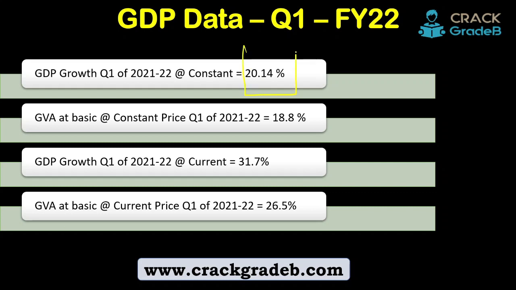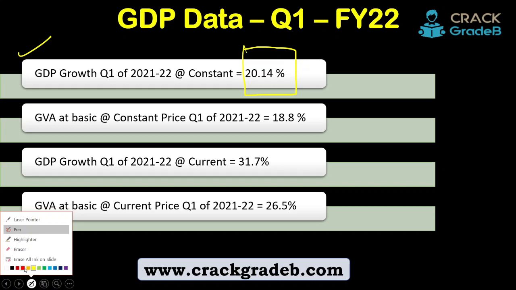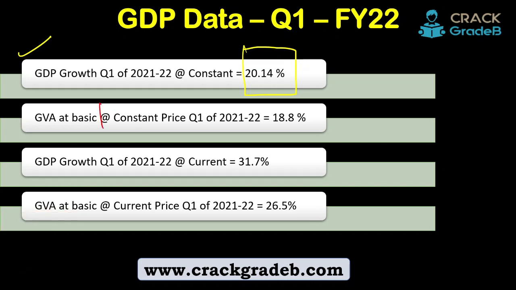This 20.14 percentage is the GDP growth of quarter one for 2021-22 at constant price. Now this is GVA at constant price, it's 18.8 percentage. Then GDP. If you want, you can ignore these.